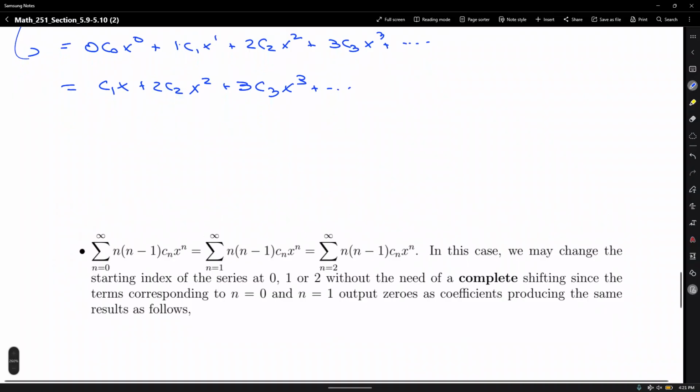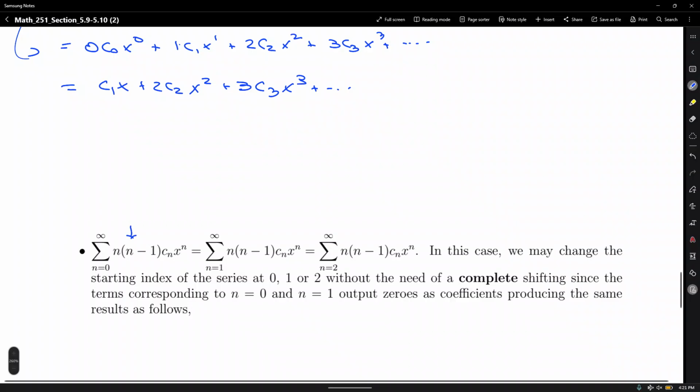The series sigma n equals 0 to infinity of n times n minus 1 c sub n x to the n. All right. Notice it starts at 0. But guys, I can also make an incomplete shifting at 1 without changing anything. Do you see why that happens? Because if I substitute n equals 0, that's going to give me 0 times 0 minus 1.